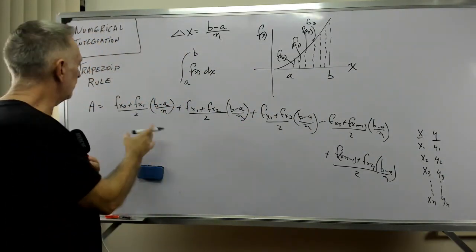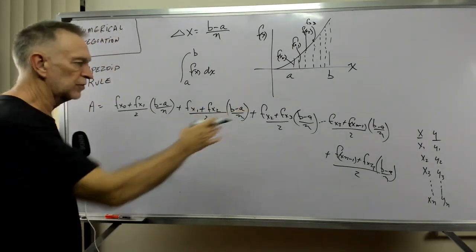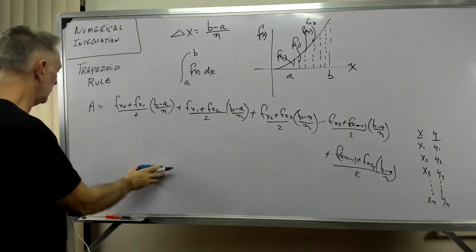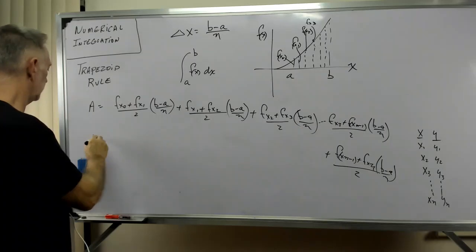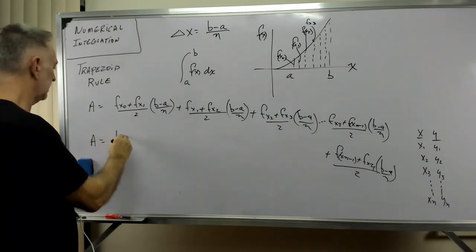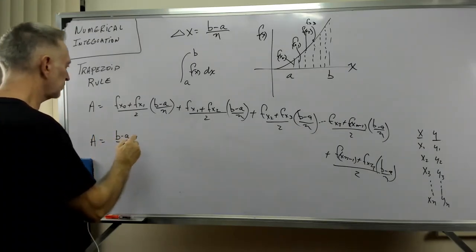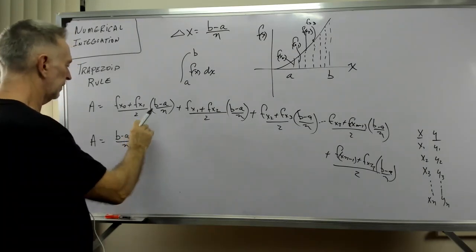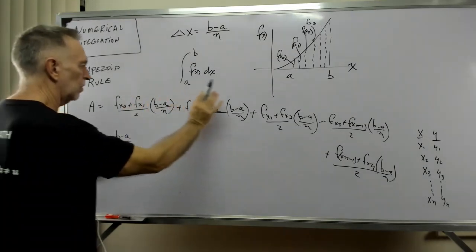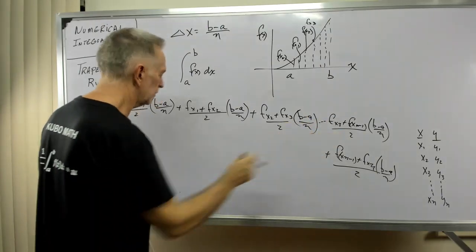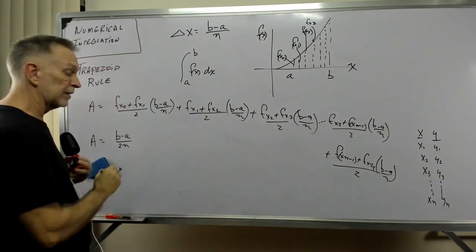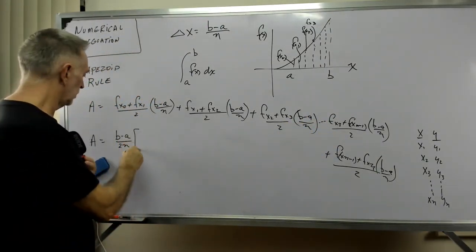Well, what's in every one of these? I could factor out the b minus a over n. Let me do that. So I've got b minus a over n. If I take all of those out, I still have it's over 2 in every case. Let me factor the 2 out also.